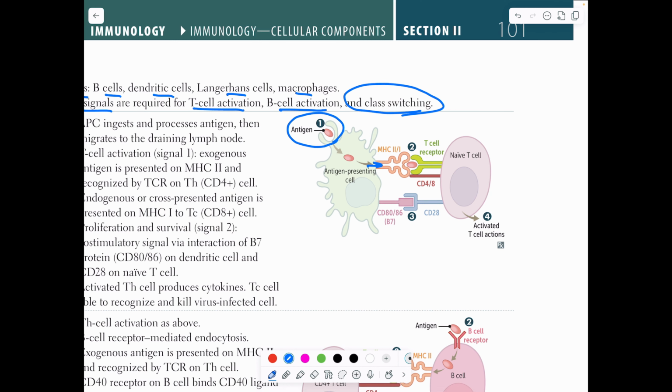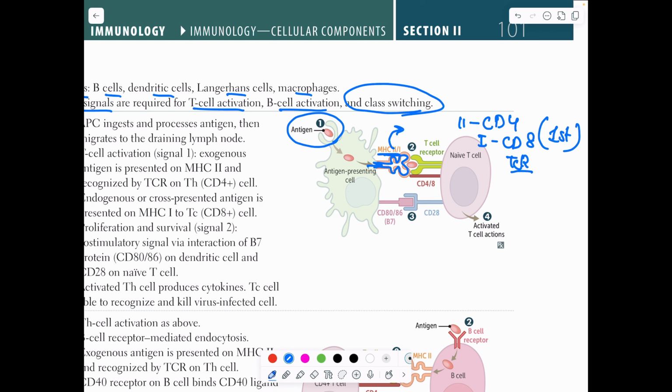This goes to MHC class 2 or 1, and this MHC class 2 or 1 is going to attach with its respective surface marker. Class 2 goes towards CD4 and class 1 goes to CD8. This is our first signal. And they also attach with the T cell receptor, TCR.